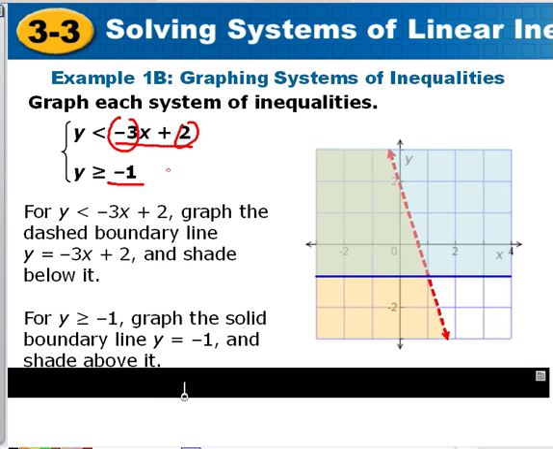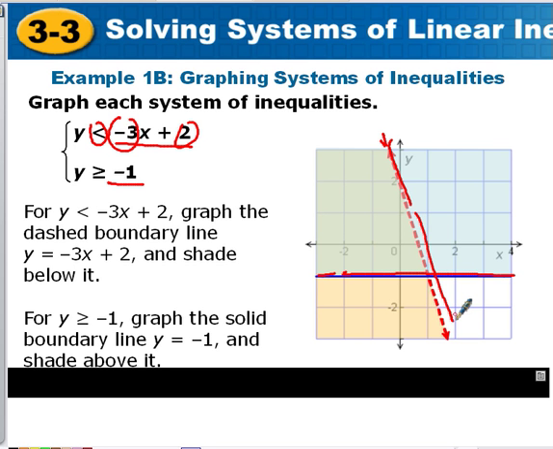So here are our two sets of lines. Notice this one is dashed because we have no equality here. This is going to be a solid, so this is y equals negative 1 right here, and this is y equals negative 3x plus 2, and this is dashed.